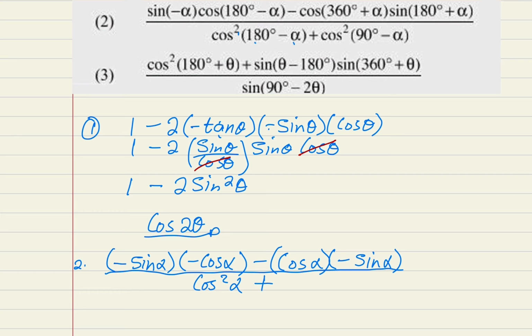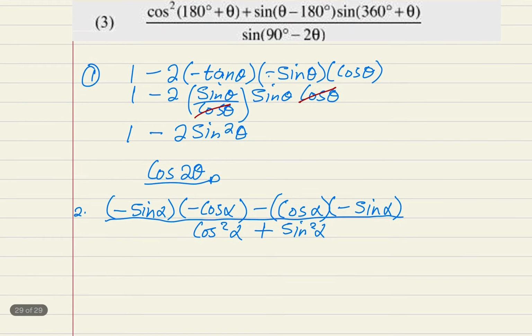Then we have a cofunction here that is found in the first quadrant, 90 minus. 90 minus is on the first quadrant, and since cos is positive, it will change to sine. Then sine squared, so this one will be sine squared of an angle.